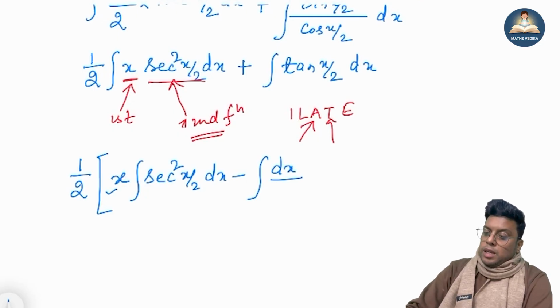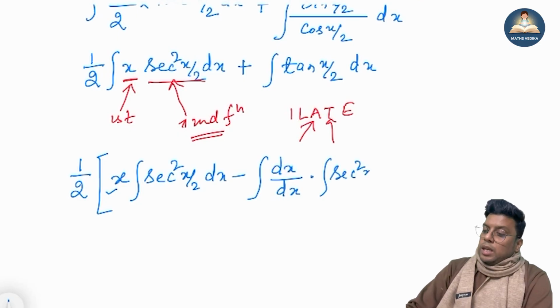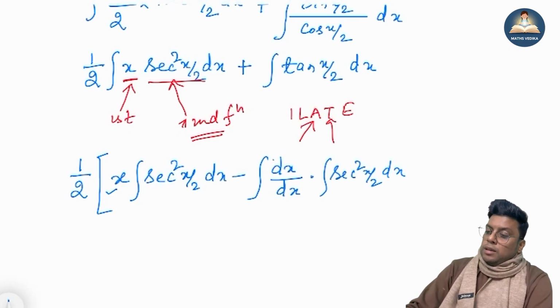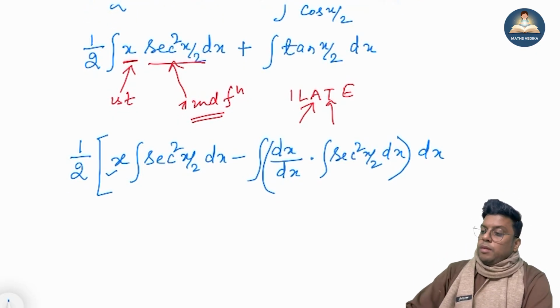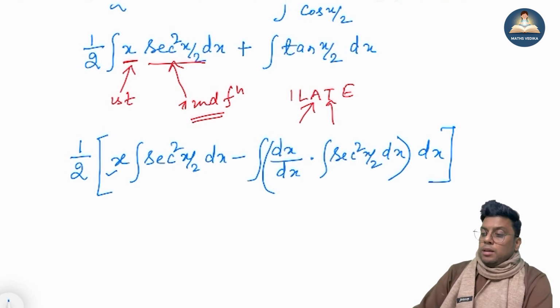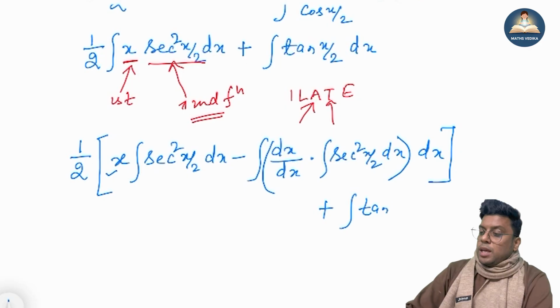The first function is x, so the differentiation of x with respect to x is 1, into the integration of the second function, whole integration. Okay, so this is the formula where two functions are given in multiplication and we need to integrate that. Plus the integration of tan (x/2) dx.